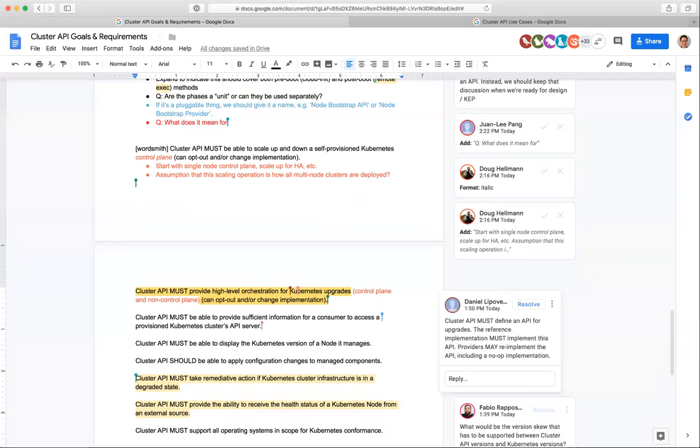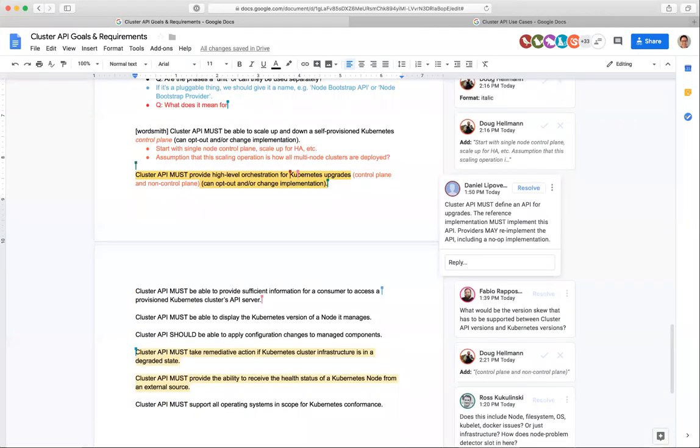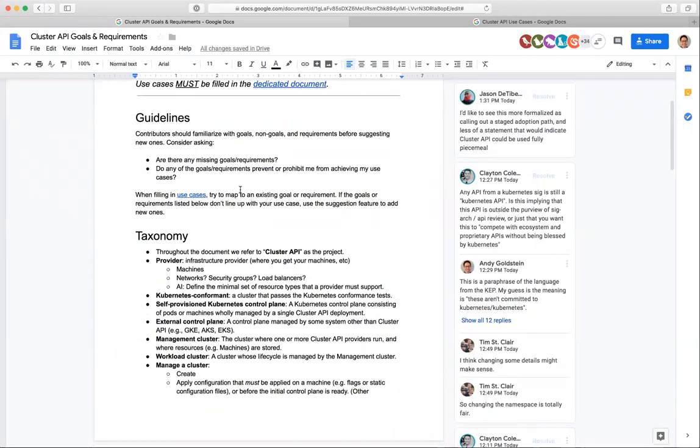Yes, I think so. And does this include components or assume management of etcd, DNS, kube-proxy, or add-on components like auto-scaling? So we had... What's that, Jason? I was going to say to be determined.